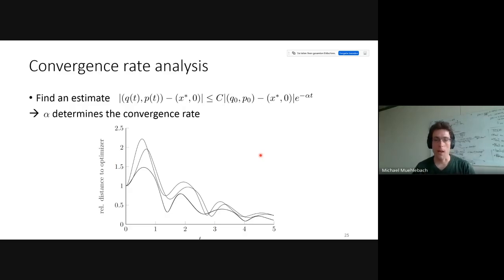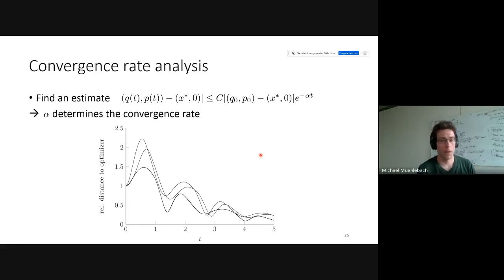So given that we have stability, given that we know that local minima correspond to asymptotically stable equilibria, and that we have a rough idea of the region of attraction, I would like to find the rate now.